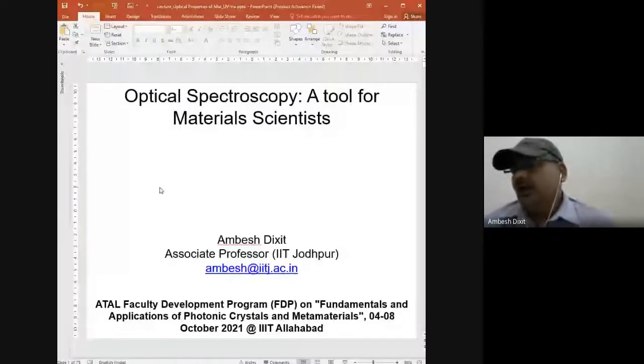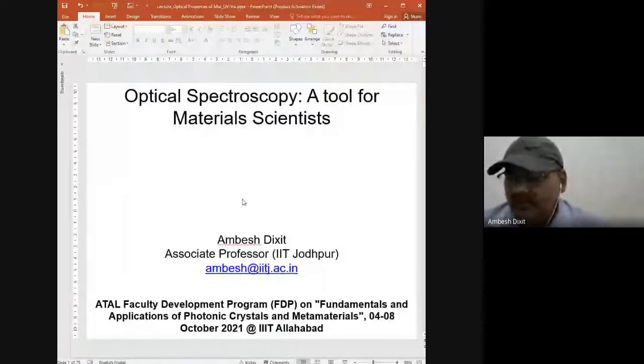A very simple tool that can give you enough information to find out the intrinsic materials properties, which are probably unknown in the beginning, or are probably known and you want to re-verify them as well. This is the intention of this particular discussion.